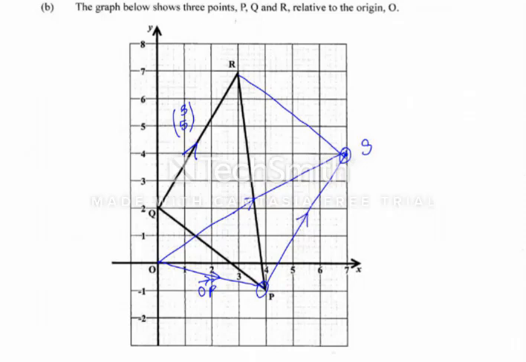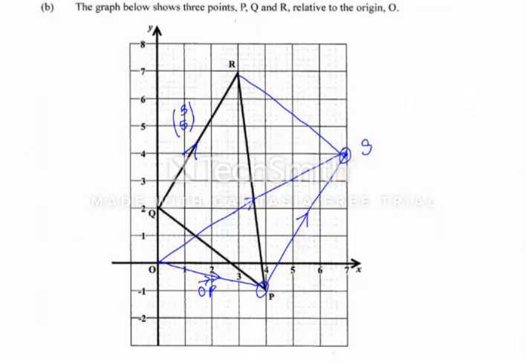Basically, how do we show that a shape is a parallelogram? To demonstrate that a shape is a parallelogram, you have got to show that the vectors on opposite sides of the parallelogram are equal.